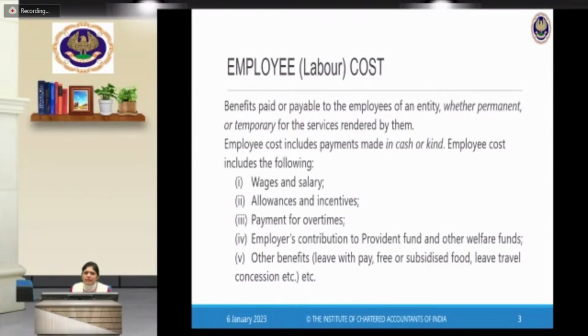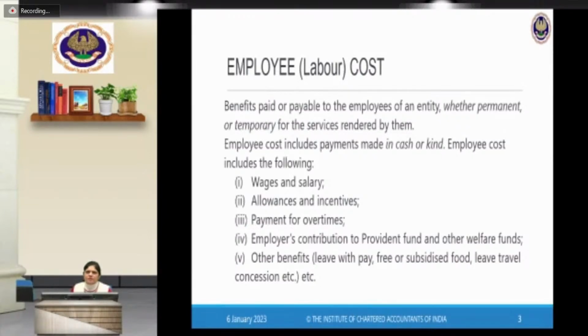Payment for overtime. Overtime is a very important factor which we will study in employee cost. Employers' contribution to provident fund and other welfare funds. So the employer contribution is part of the employee cost, the labor cost. All right.